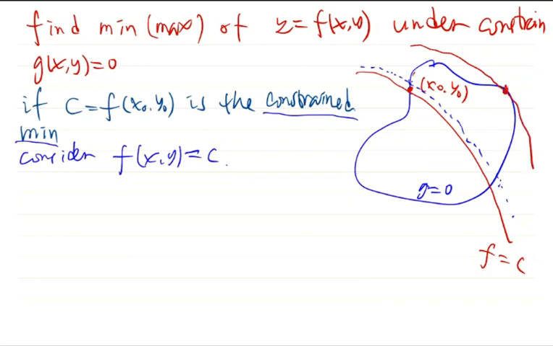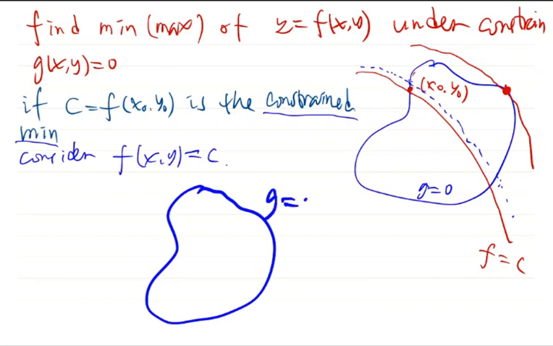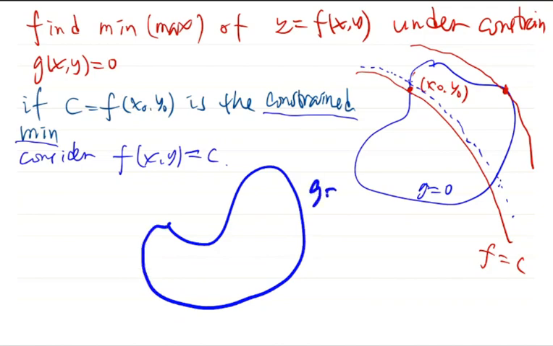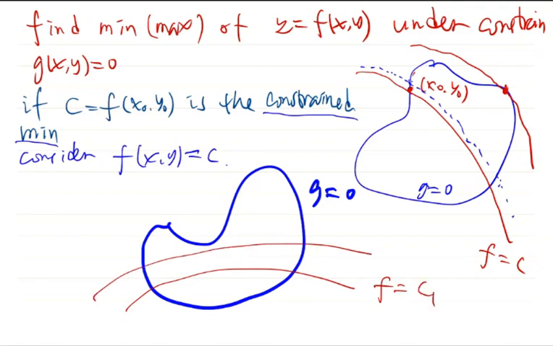You draw the curve g equal to 0, and for many values of c you have many curves f equal to c.